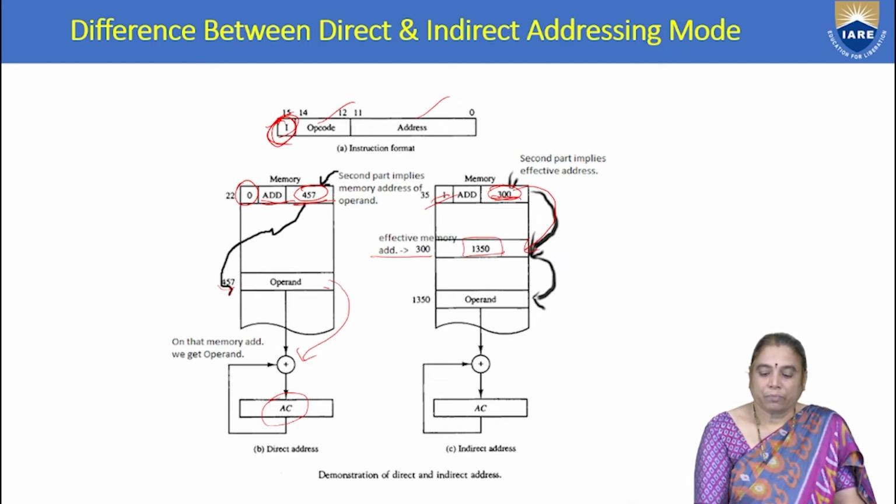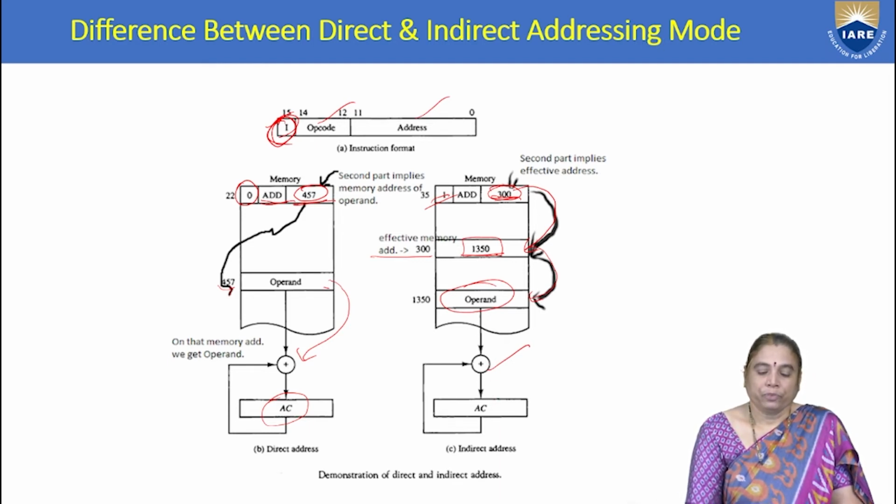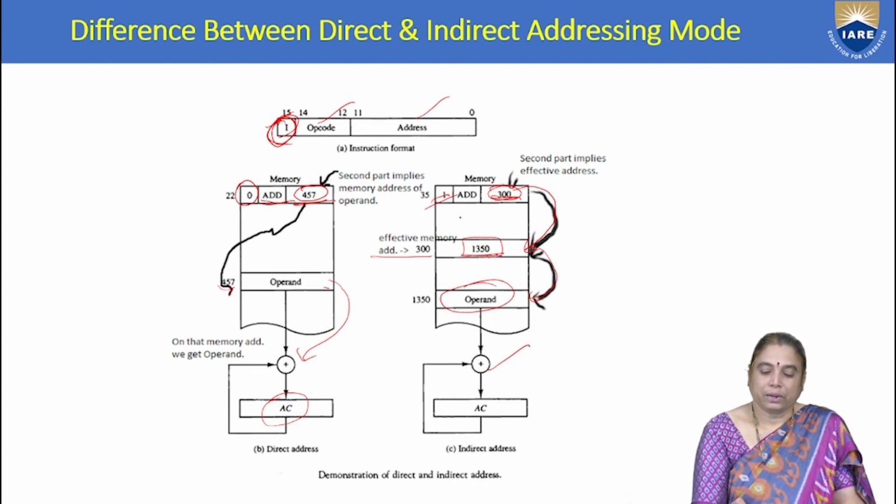So the system has to refer to one more memory location in order to identify the operand. At location 1350, the operand is available. That operand is used in the addition calculation with the accumulator. So this is the indirect addressing mode, and this is the difference between direct and indirect addressing mode.